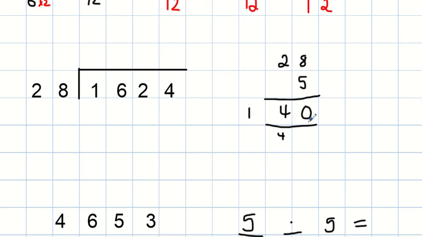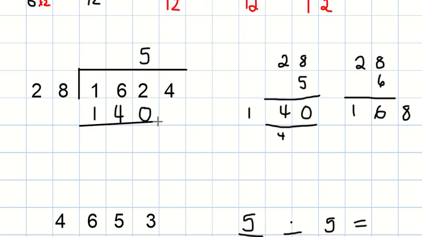Now, if I was to add another 20 to this number, I would get 160. If I add another 8, I'd get 168. So now I know 28 times 6 as well would be 168. So that would be too far. So I know that 28 goes equally into 162 5 times. And that takes me to 140.